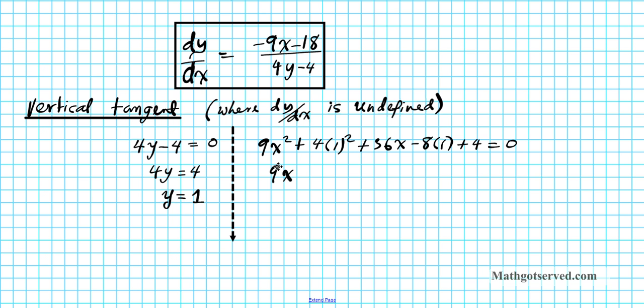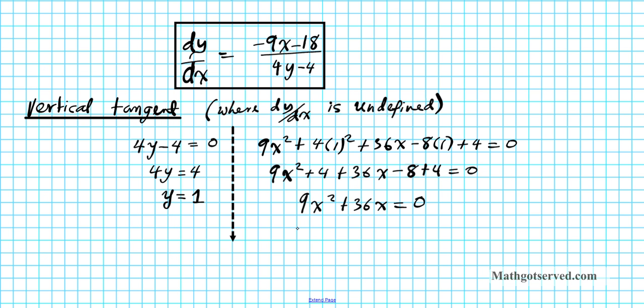So it's going to become 9x squared plus 4 plus 36x minus 8 plus 4 equals 0. And then we'll have 9x squared plus 36x plus 4 plus 4 minus 8 is 0, so equals 0. The constants cancel out.